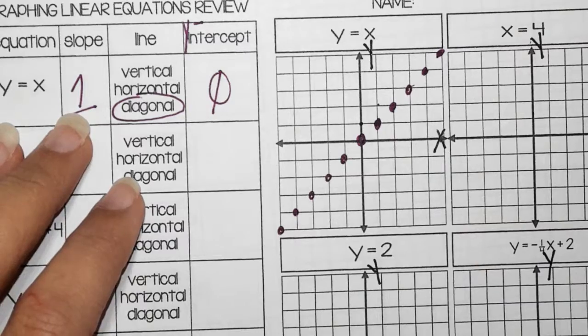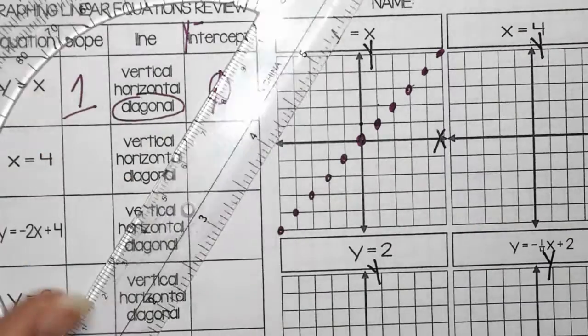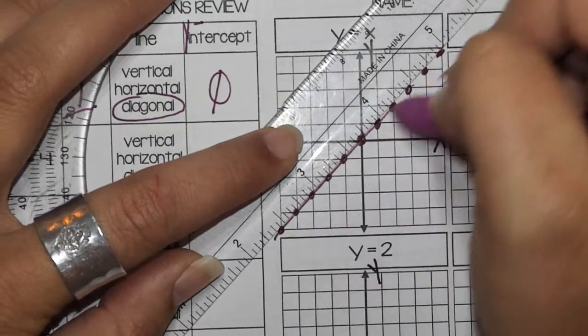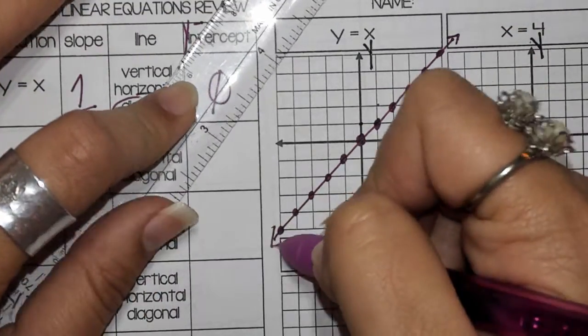Now, there are rulers and protractors in the second drawer of your tower. If you need one, get it out. Make a straight line. Use a straight edge. Do not draw a crooked line. Crooked lines are curves.